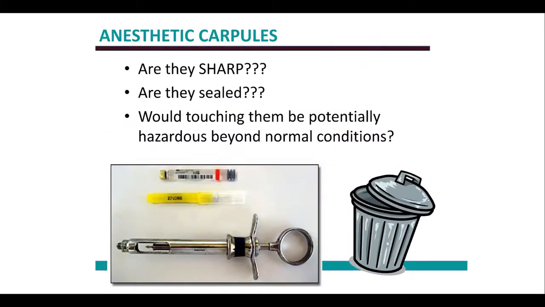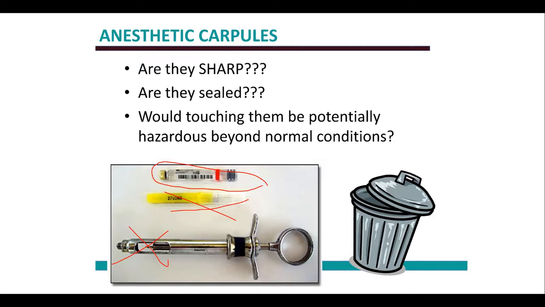Now, one more trick question. What about the anesthetic carpule? Where does the used anesthetic carpule go? Well, we already know that the syringe, of course, gets sterilized. The needle goes in the sharps container. But where would the carpule itself go? Many offices put it in the sharps container.